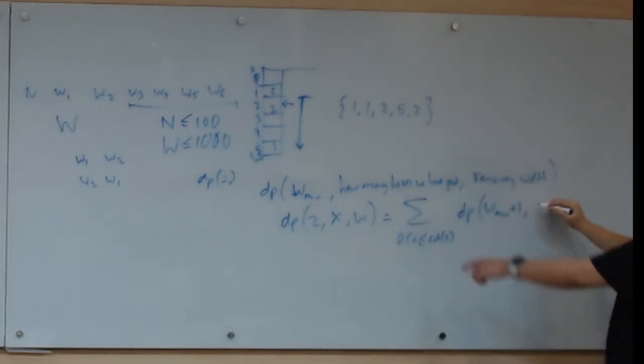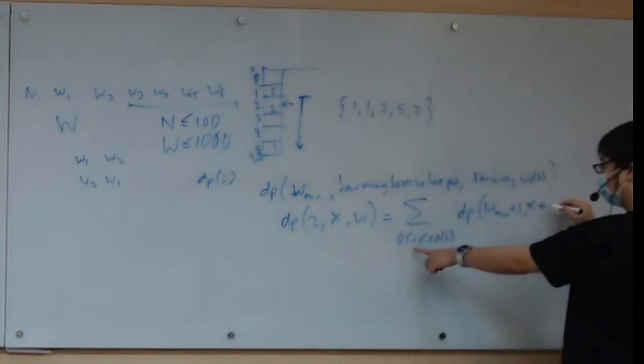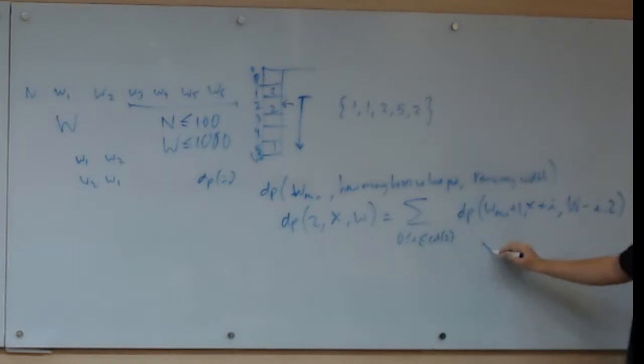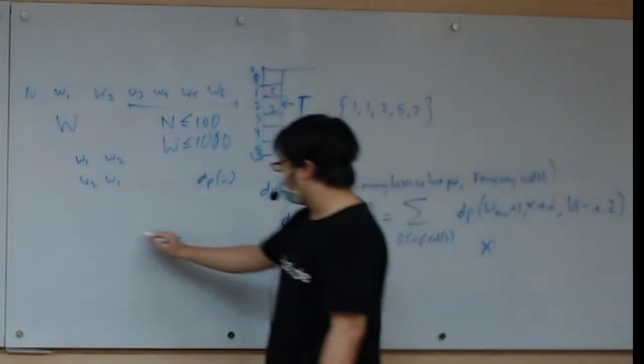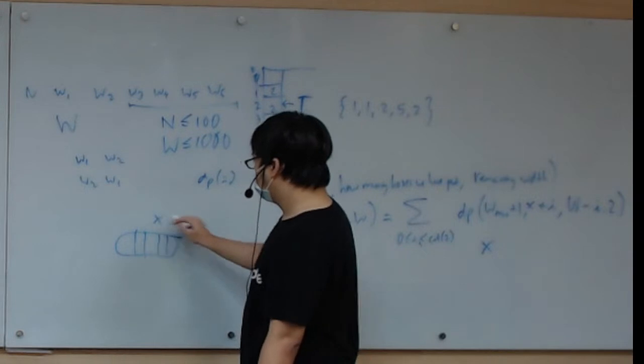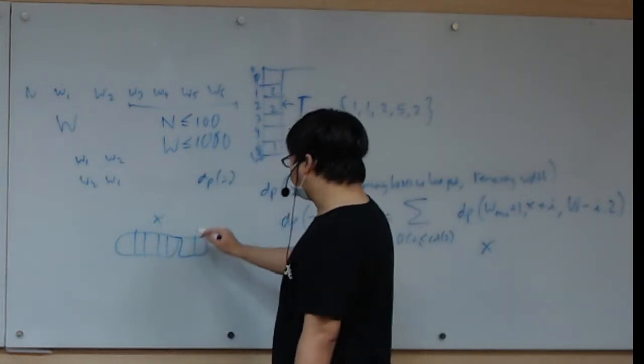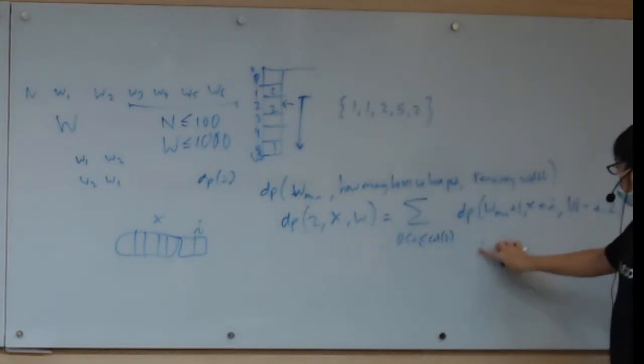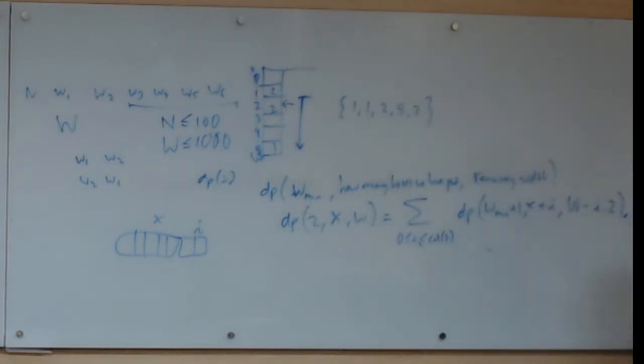How many boxes we have put is x plus i, and then the remaining width is w minus i times 2, right? Okay, and then you multiply by something, because let's say we have already put x boxes and we want to put another i boxes. Then this you have multiplied by (x plus i choose x), right?